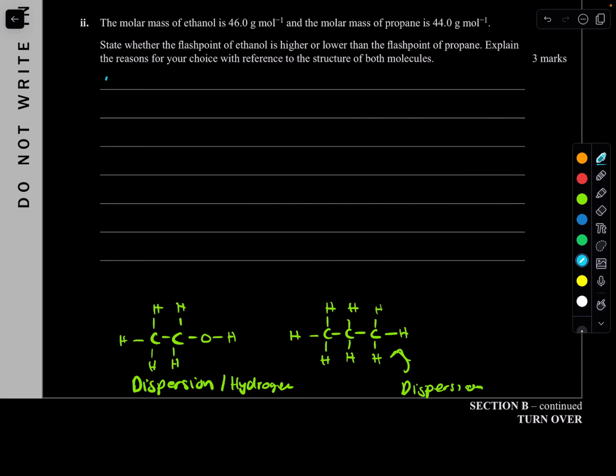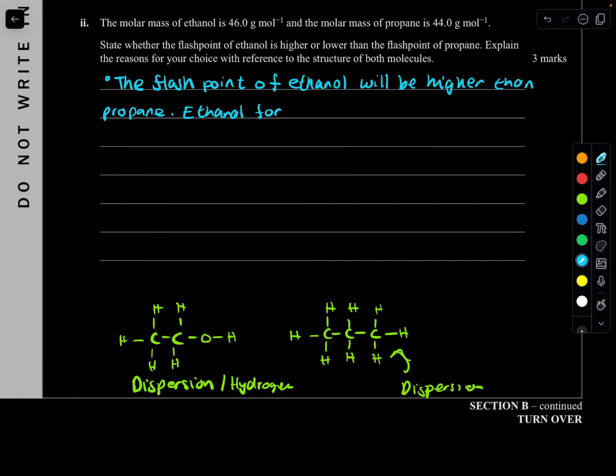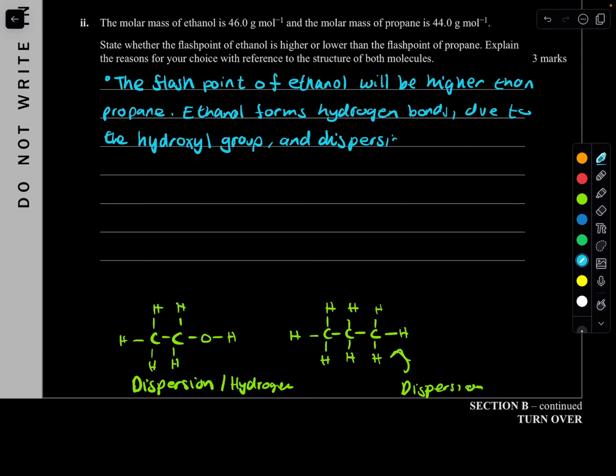So let's do that. The flashpoint of ethanol will be higher than propane. Ethanol forms hydrogen bonds due to the hydroxyl group, and dispersion forces, whereas propane only forms dispersion forces.